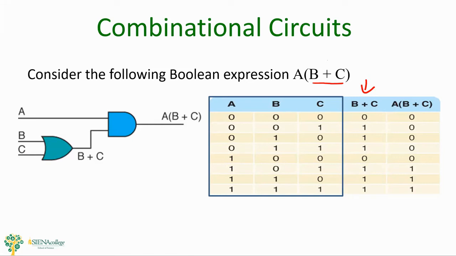And lastly, our X, our output, is going to look at A against the column we just created, B or C. And that will give us our output. So this is for the expression A and B or C.